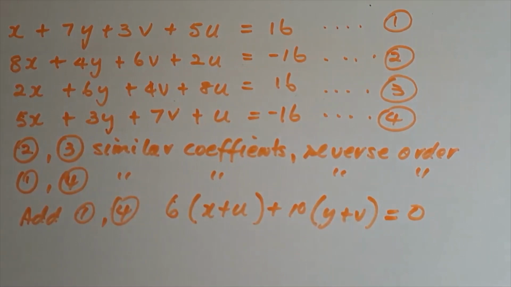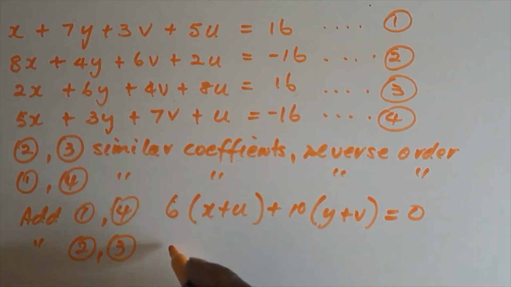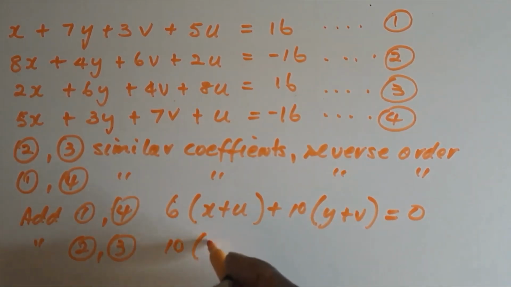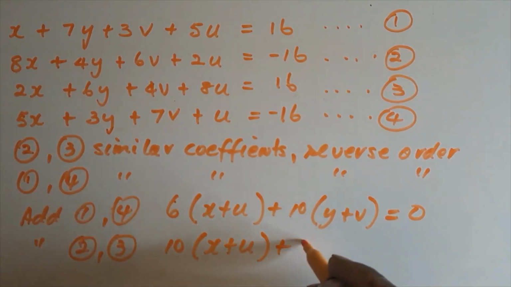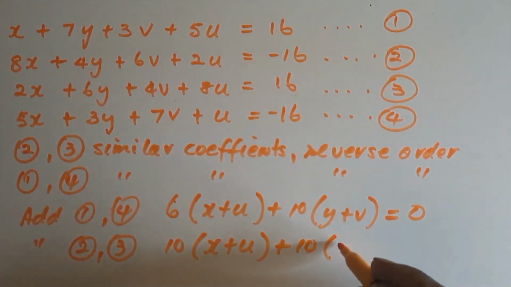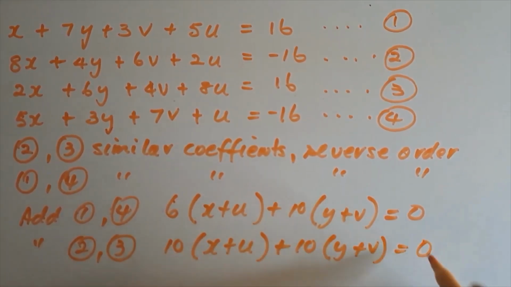And if we add equation 2 and equation 3, this gives us 10 into x add u add 10 into y add v equal to 0.